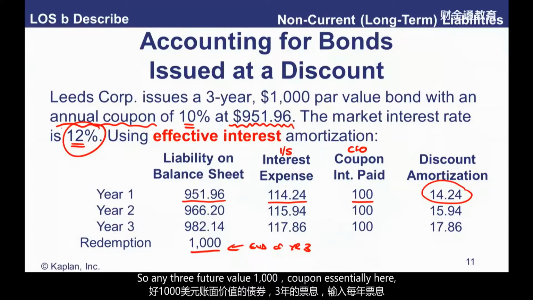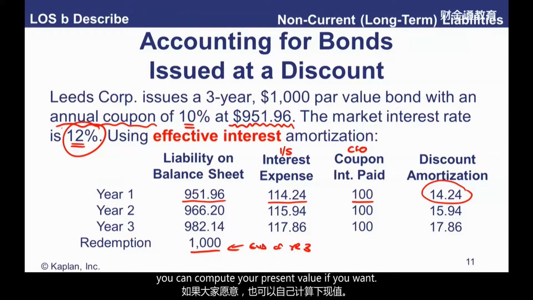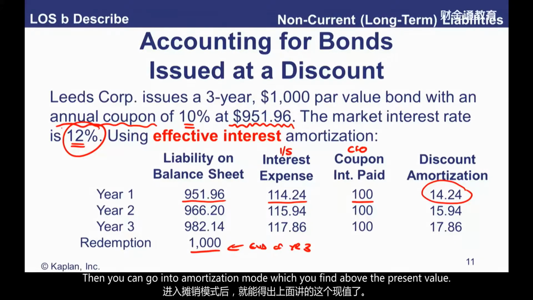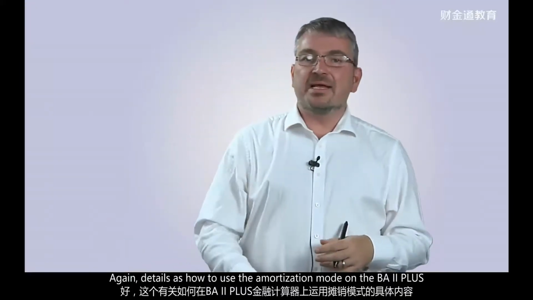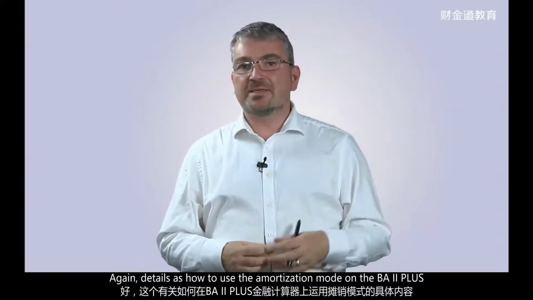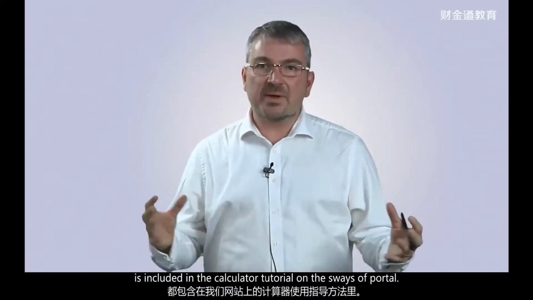So N is 3, future value 1,000, coupon essentially here $100, present value 951.96, and of course our I/Y 12%. You can compute present value if you want. Then you can go into amortization mode, which you'll find above the present value button. Details of how to use the amortization mode on the BA2 Plus is included in the calculator tutorial on the Schweser portal.